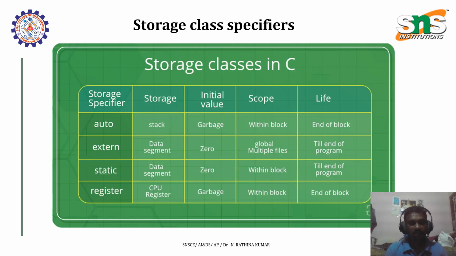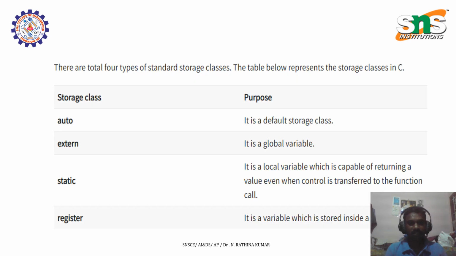These are some of the storage specifiers available in C: auto, extern, static, register. What is meant by auto? It is the default storage class. What is meant by extern? It is a global variable. Static is a local variable. Register is a variable which is used to store inside a register.